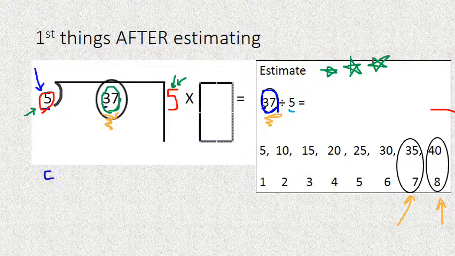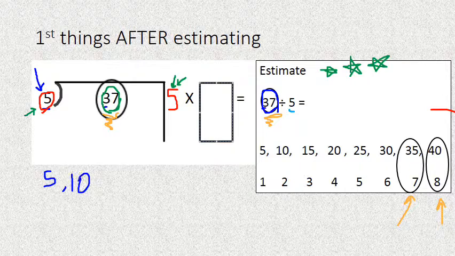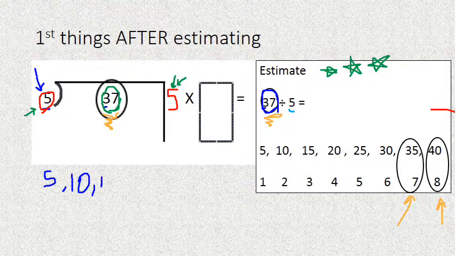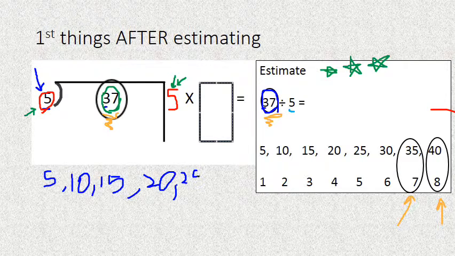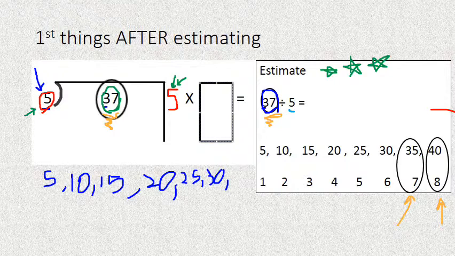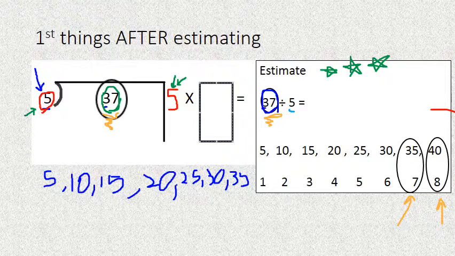So I count 5, 10, 15, 20, keep going, 25, 30, almost there, 35 is super close and not over, so I stop there.